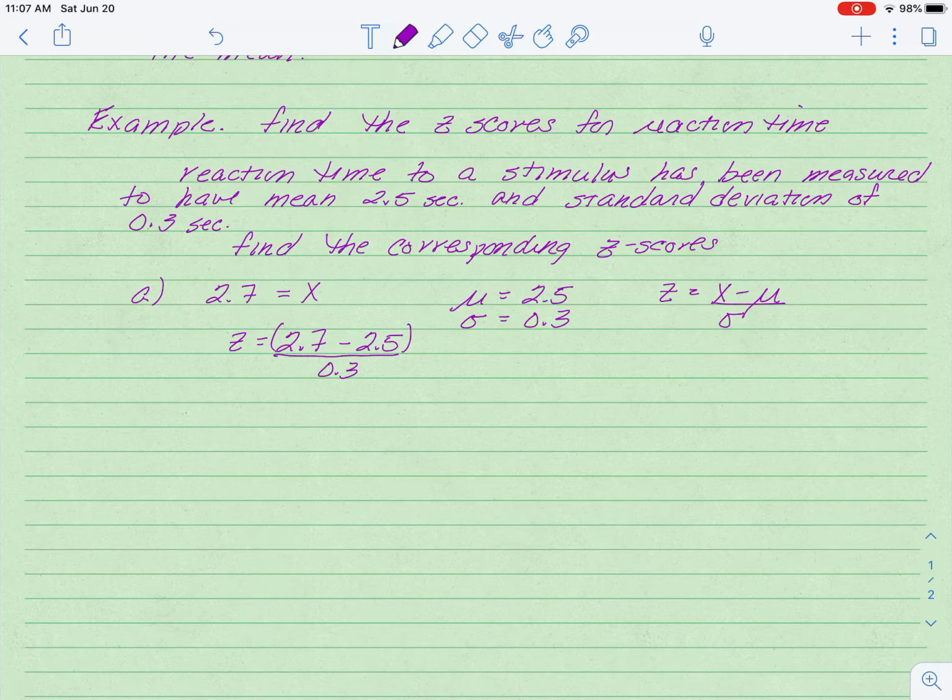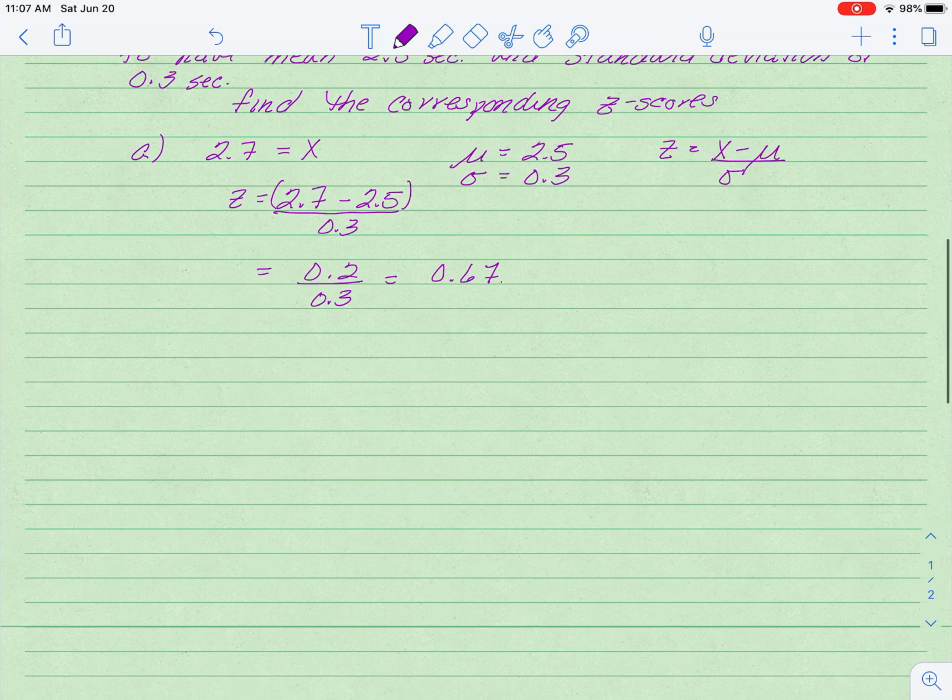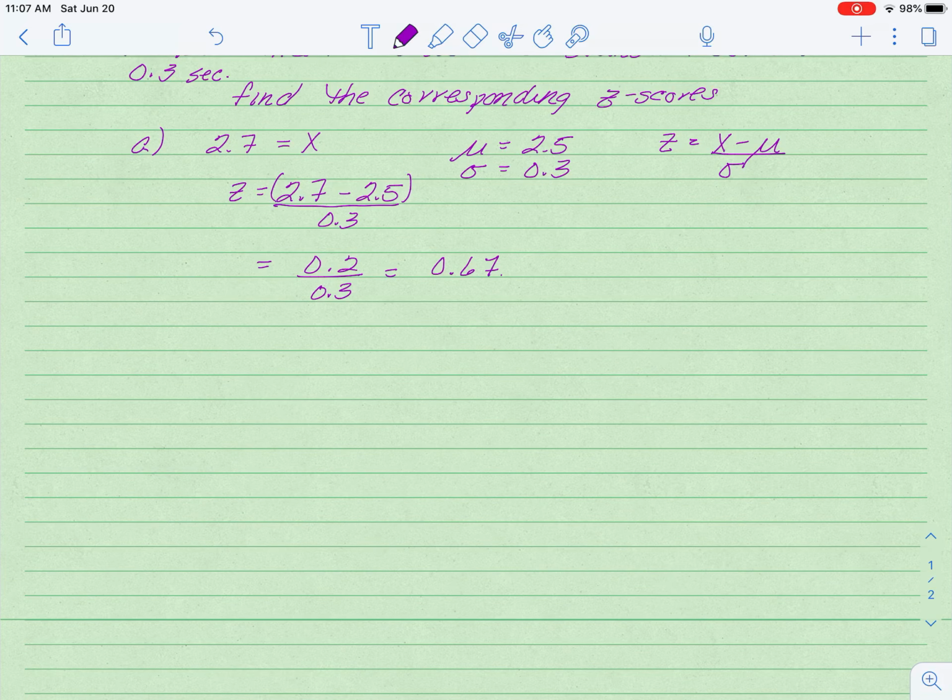When you put it in a calculator, make sure that you put parentheses around the 2.7 minus 2.5 or do it separately. So this becomes 0.2 divided by 0.3, and we get 0.67 to 2 decimal places. So that's our z-score for that data point.